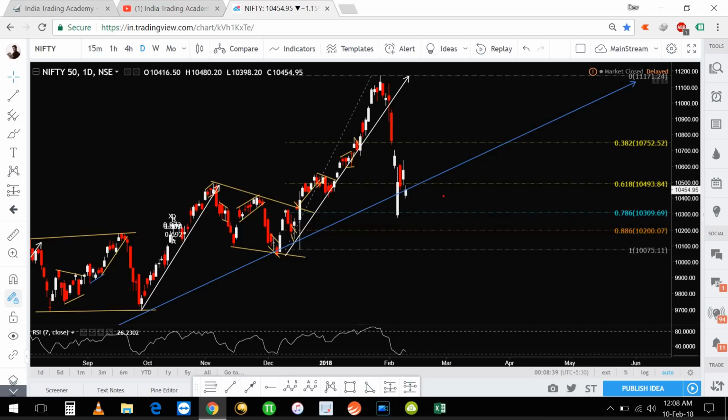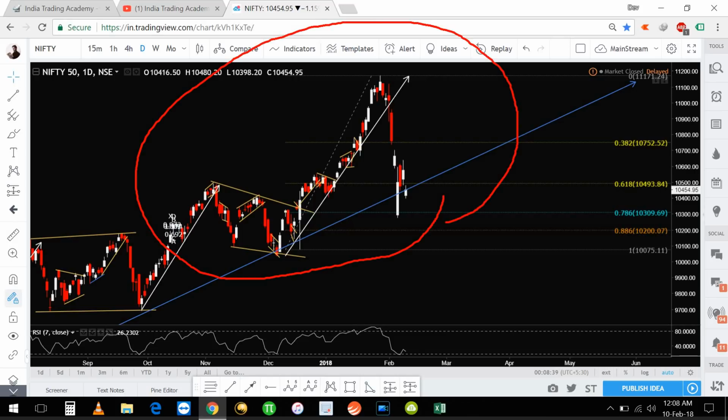But the thing I want to discuss is this pattern we see here, which could be a reversal pattern.